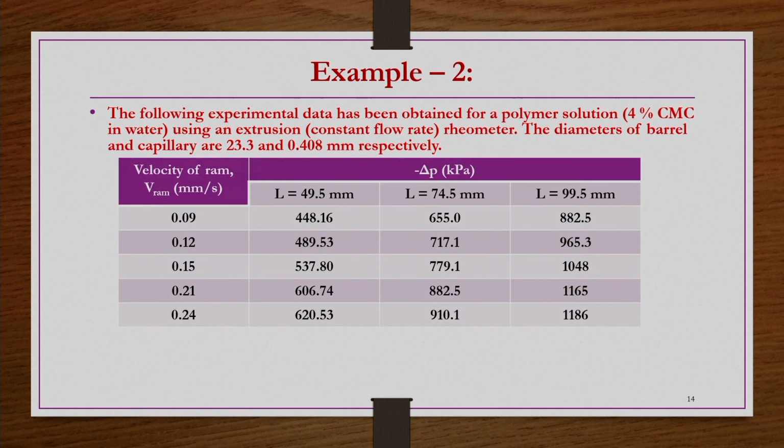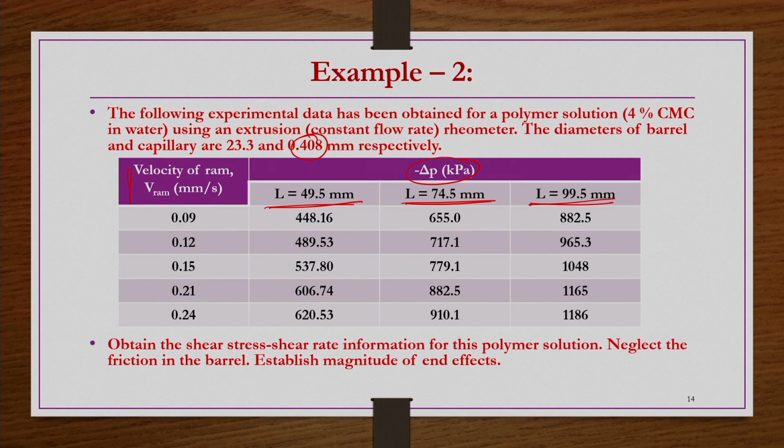The data is given in terms of velocity of ram or barrel velocity versus pressure drop, when you use different length capillaries. Diameter you are keeping the same, but length you are changing. Once you are taking 49.5 mm, next time 74.5 mm and then 99.5 mm.